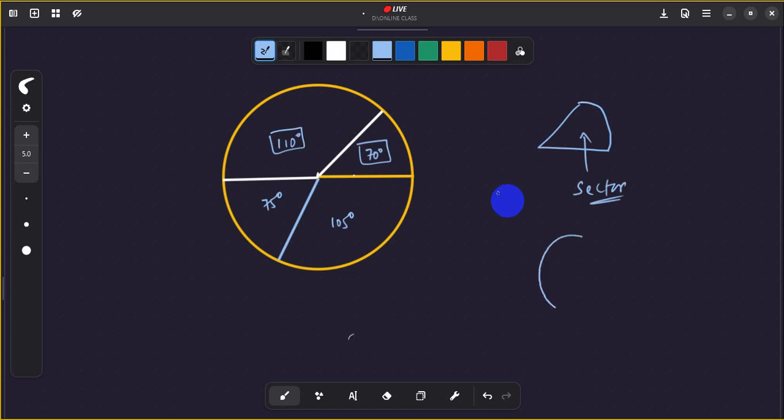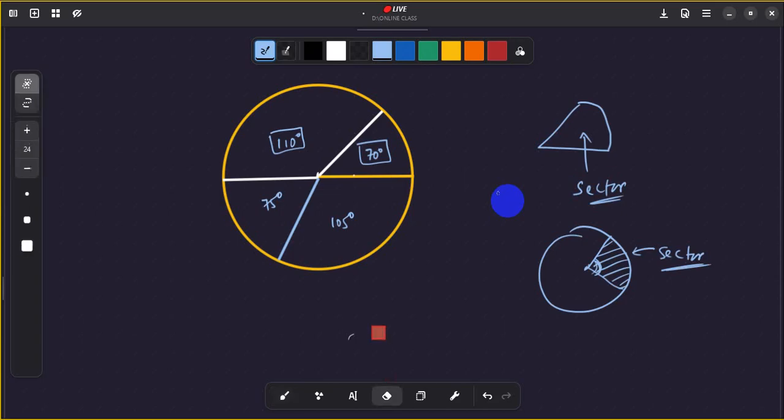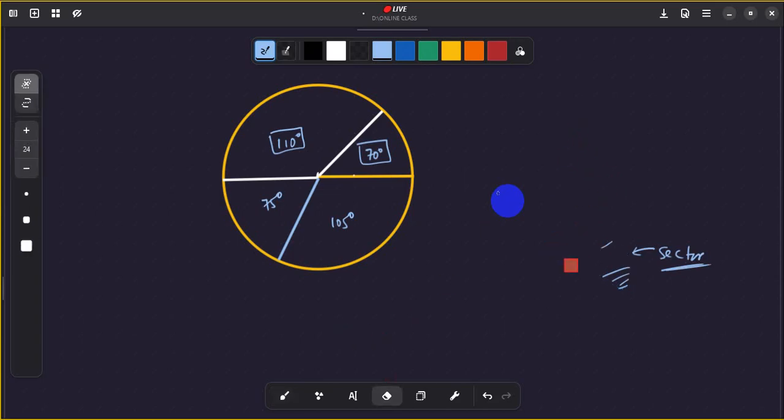If these two radii enclose this part, this region, the region is called a sector. This is called the central angle, and all the angles that we measured here are central angles.